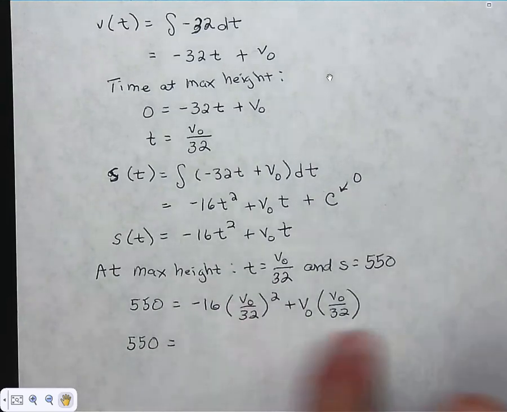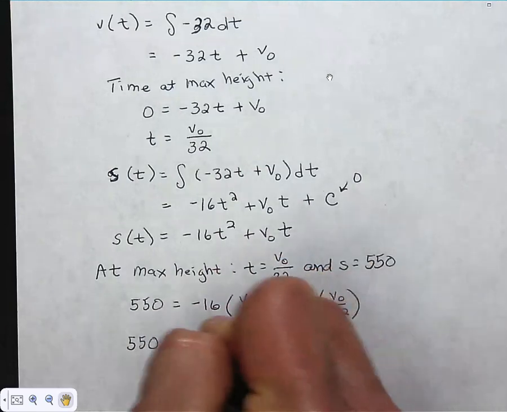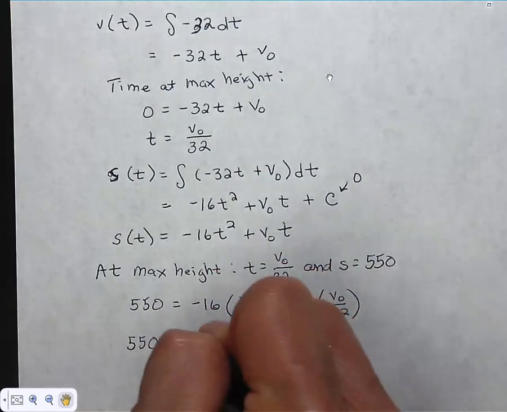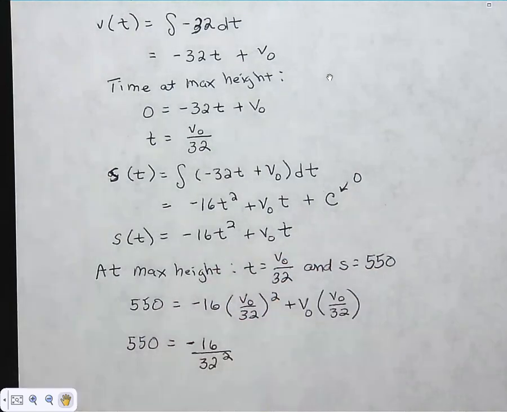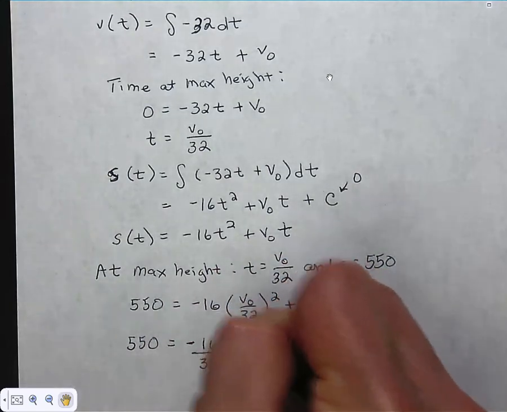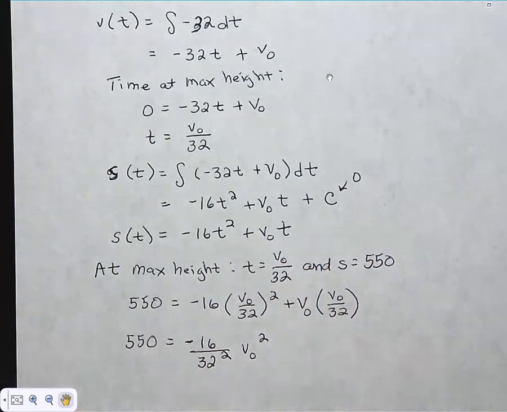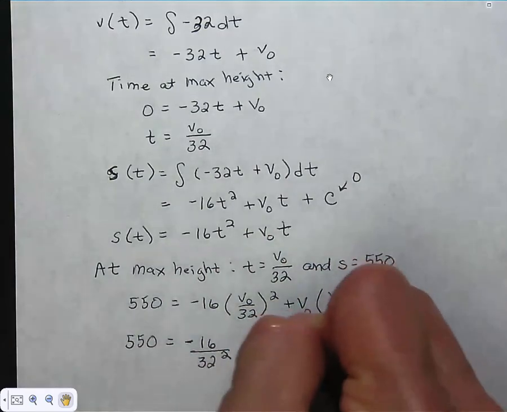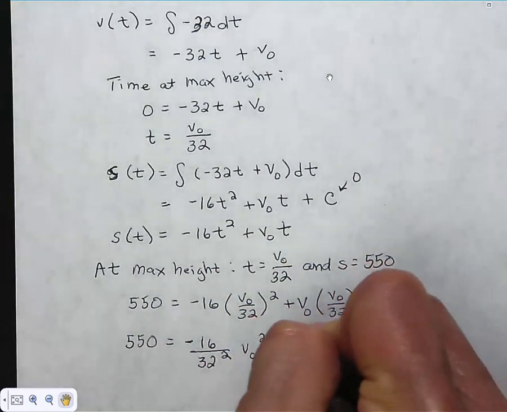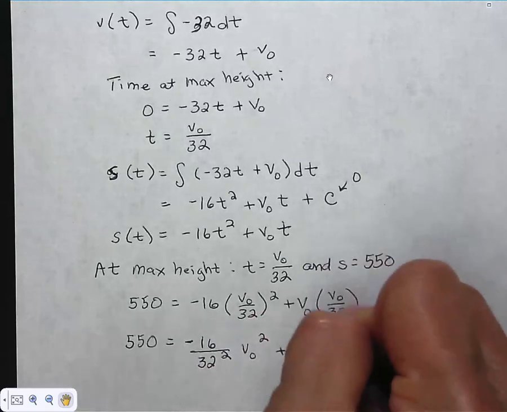I could write that right-hand side as negative 16 over 32 squared, because I'd have to square that whole fraction, times v sub 0 squared, plus 1 over 32 times v sub 0 squared.